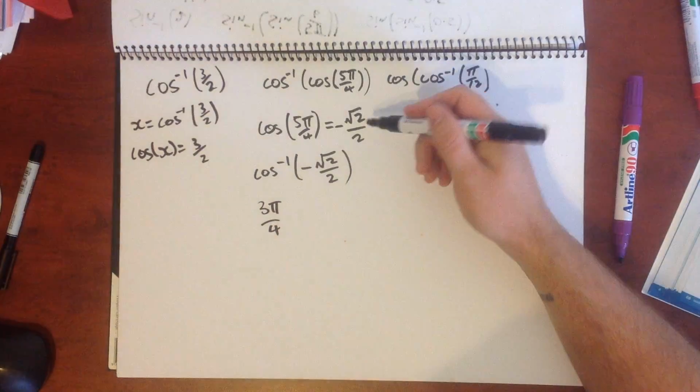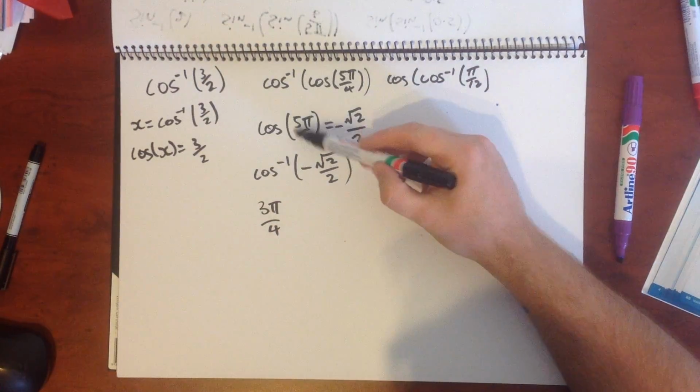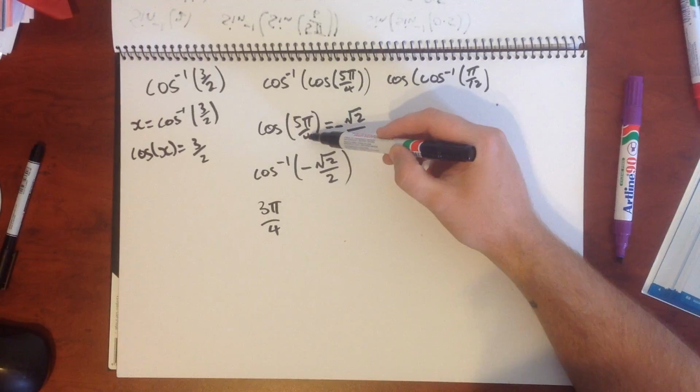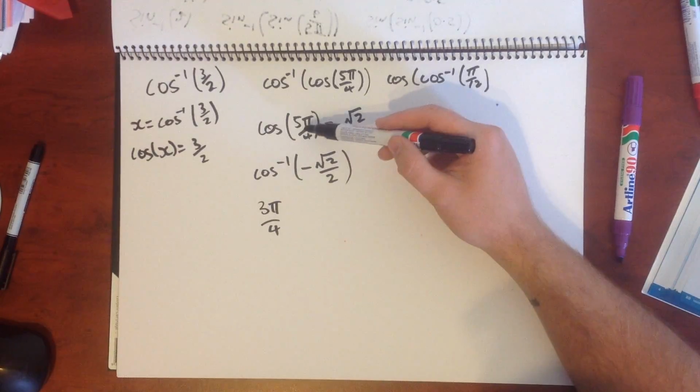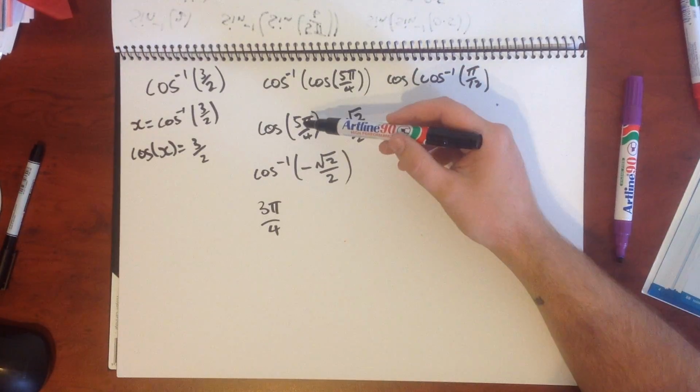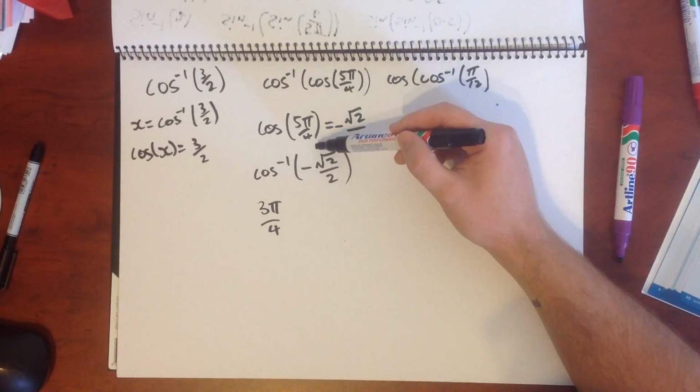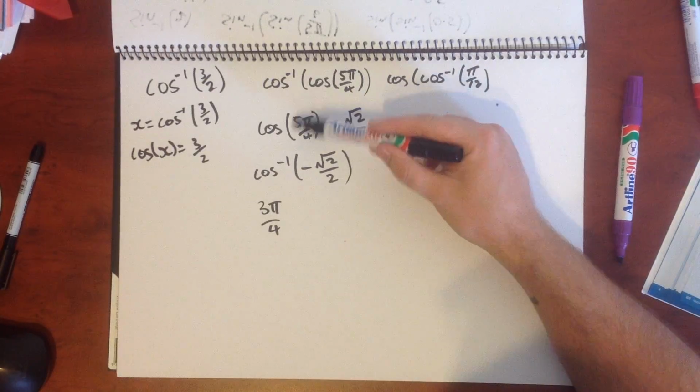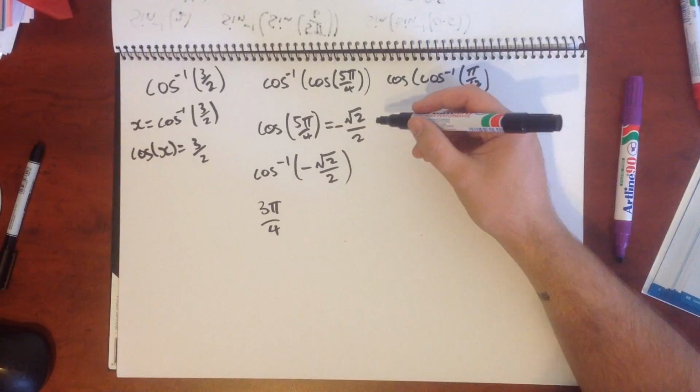Really how we get this is we say, we're at 5 pi on 4, that's in the third quadrant. We find our value in the third quadrant by going pi plus theta, so pi on 4 is theta, our basic angle.